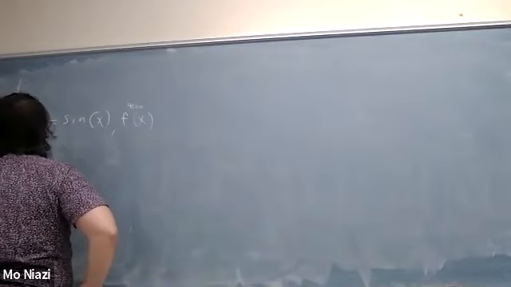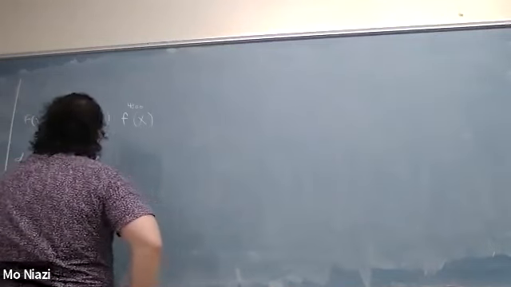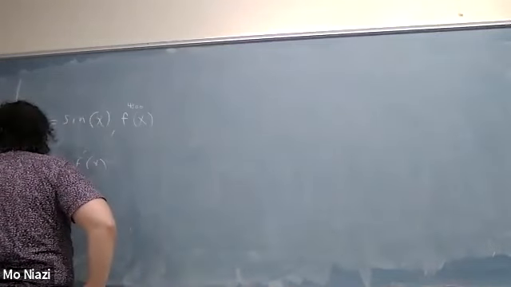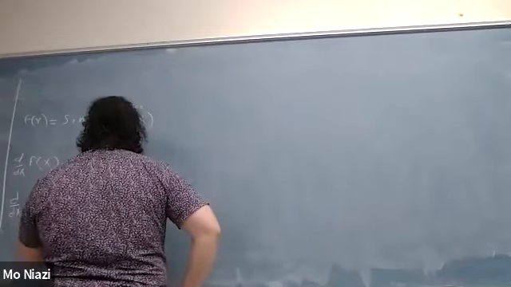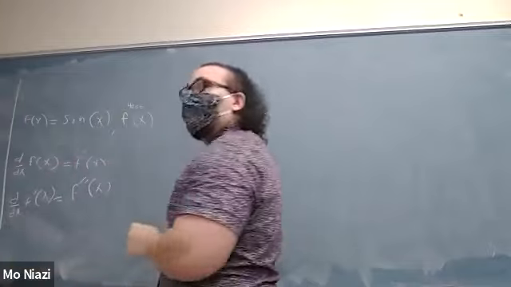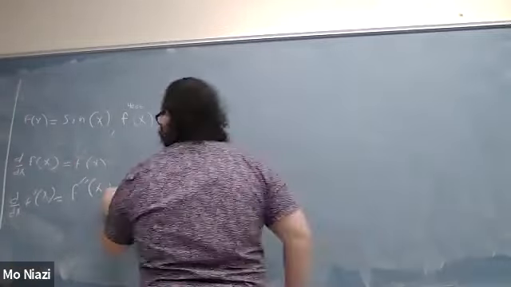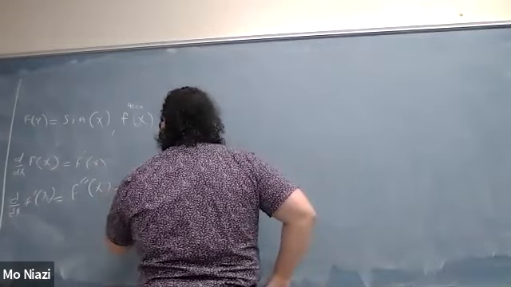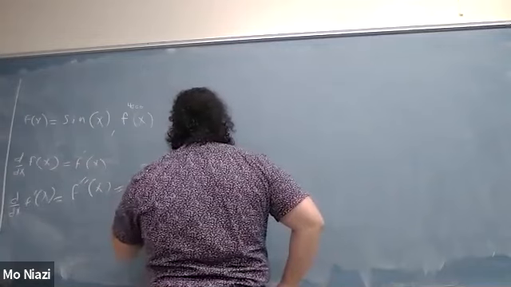d dx of f of x can be written as f prime of x. Then d dx of f prime of x can be written as f double prime of x. Or you could say this is equal to d squared dx squared of f of x.